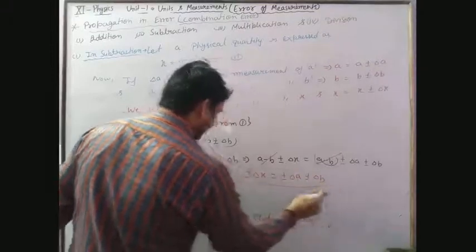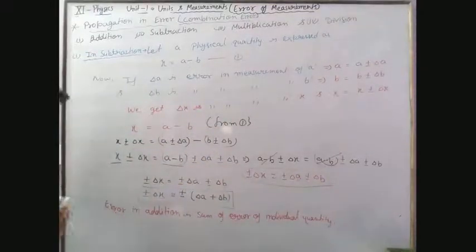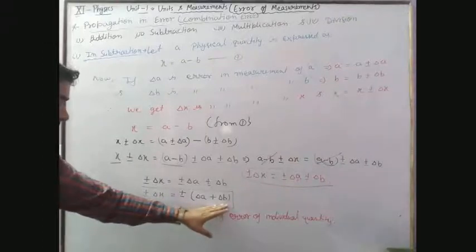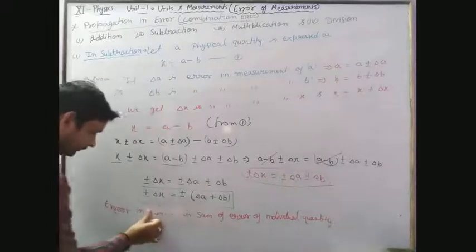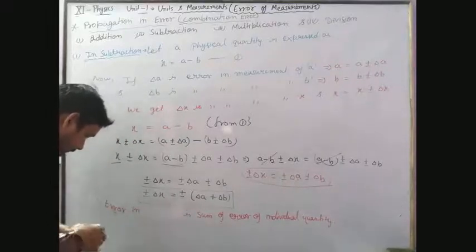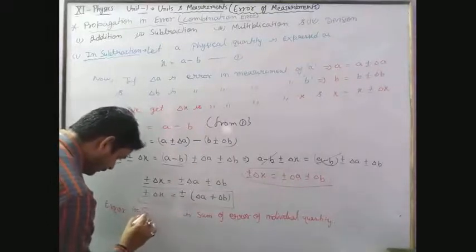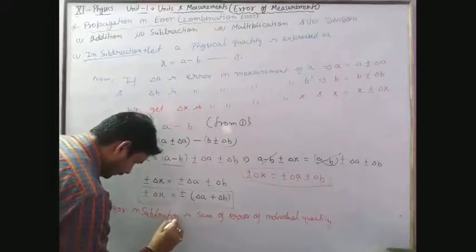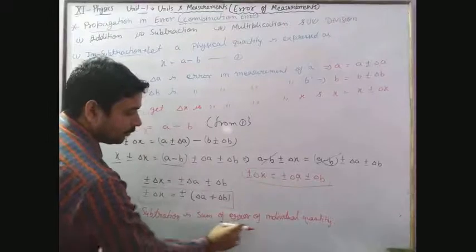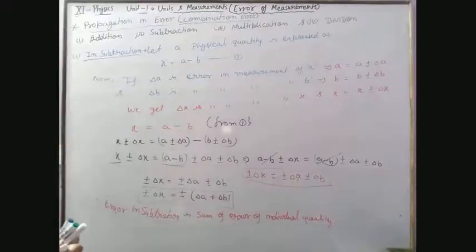Clear? So you will get again error in subtraction is sum of the error of the individual quantity.